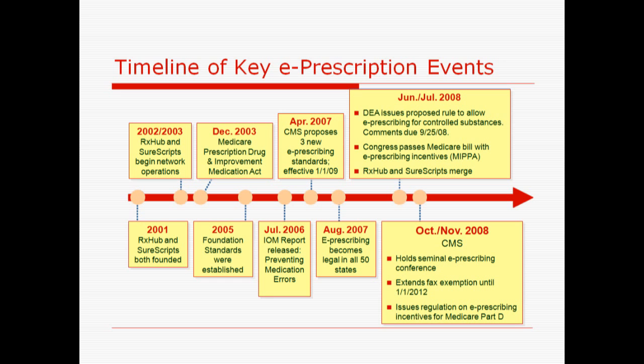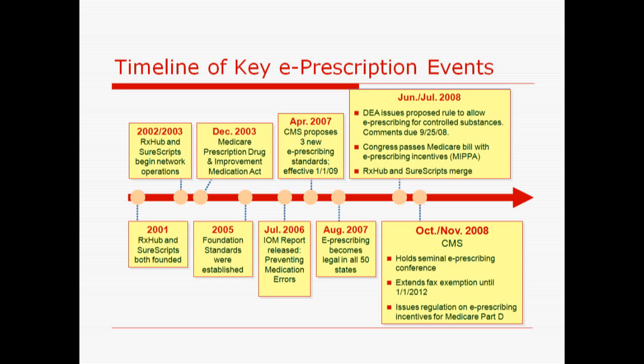In the next year, June-July 2008, the DEA issued a proposed rule to allow electronic prescription for controlled substances, and this commenced due 9/25/08. Congress passed the Medicare bill with an electronic prescribing initiative, abbreviated as MIPPA.